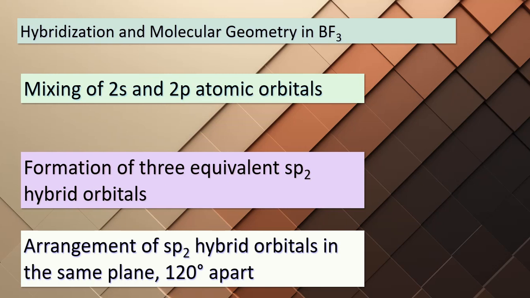Now, remember that amidst all this hybridization, an unfilled 2p atomic orbital remains unchanged. It's oriented perpendicular to the plane defined by the three sp2 hybrid orbitals, with one lobe above and one below the plane. Keep this in mind as we move forward, especially when we dive into double bonds in our upcoming discussions. Exciting times ahead as we unravel the intricacies of molecular structures.